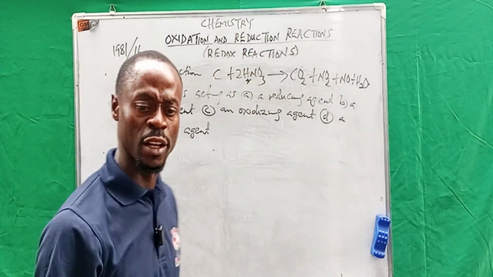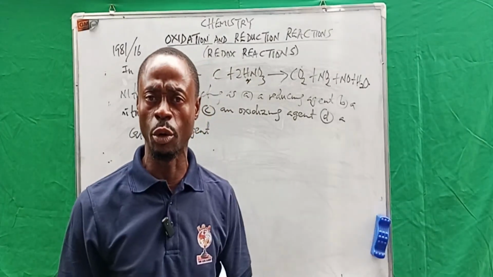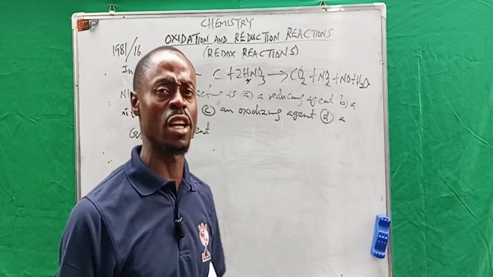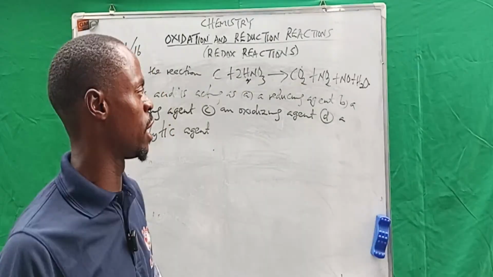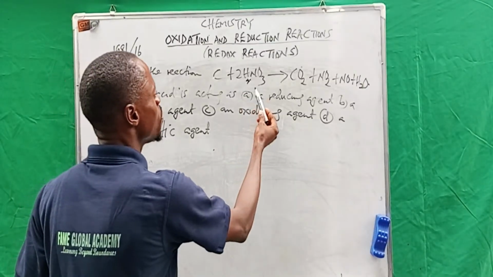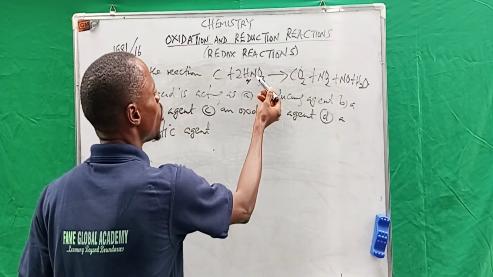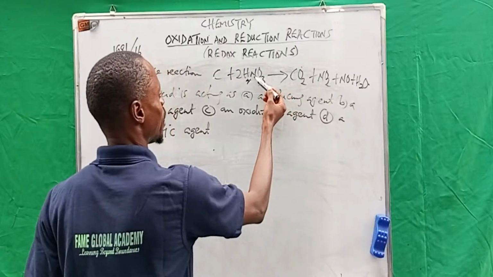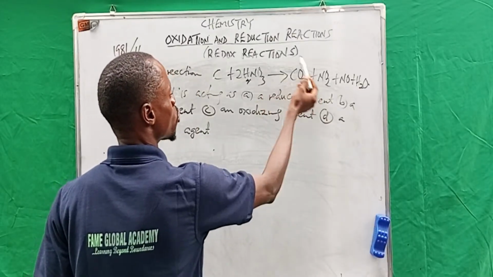I just said for a reaction to be termed redox, there must be the presence of an oxidizing agent as well as the presence of a reducing agent. Looking at this question critically now, you will agree with me that HNO3 was reduced to what?